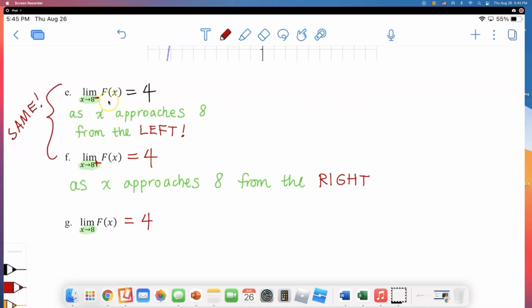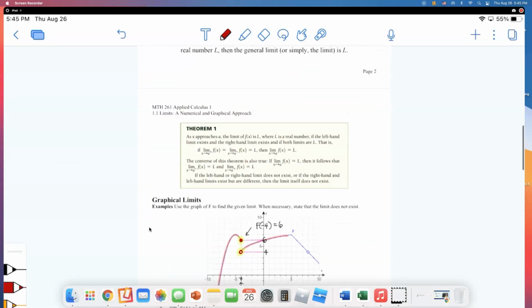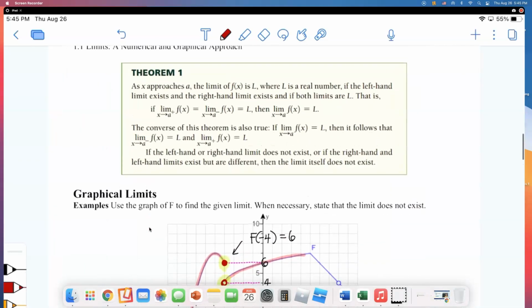Because both the left-hand limit and the right-hand limit at x equals 8 are 4, the general limit as x approaches 8 is 4. Okay, and this is what Theorem 1 was talking about when you first saw this box with all these symbols. But in this case, the limit is 8 because both the left-hand limit and the right-hand limit came out to be 8.